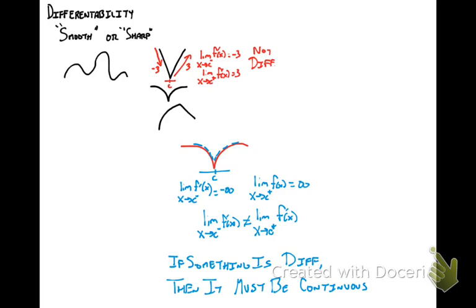Let's consider a few examples. We'll look at example A. And the question is, determine whether the function is continuous, differentiable, neither, or both at a given point. So in the graph of A, notice that at 3, the question is, is it differentiable at x equals 3?